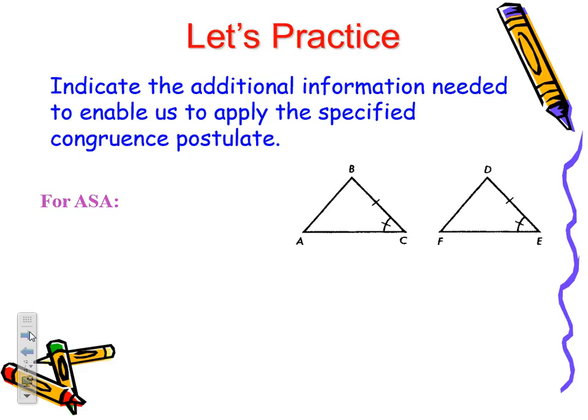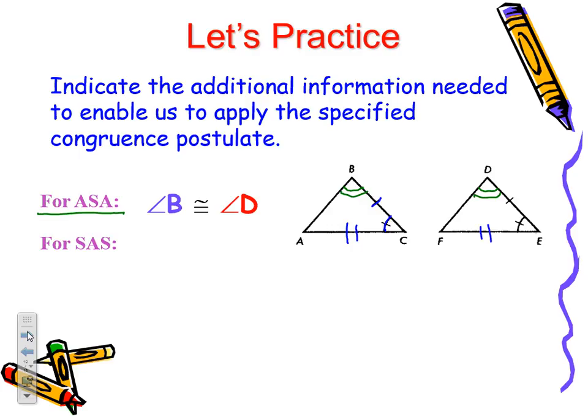So, if I asked you to solve for ASA, that means it has to be angle, side, angle. So that means we have to say angle B is congruent to angle D in order to make that true. Then if I said solve for side, angle, side, well, we have a side, an angle, so I would need another side.